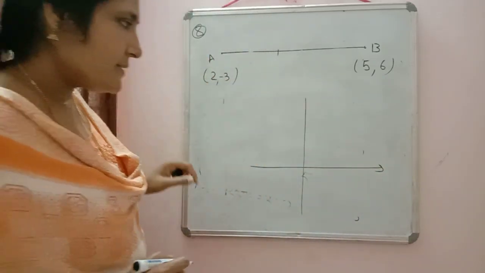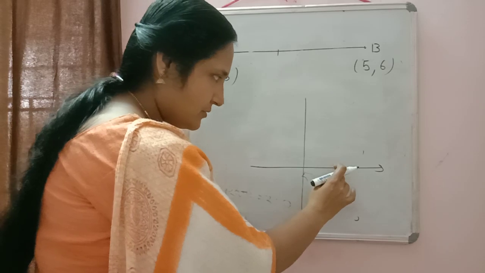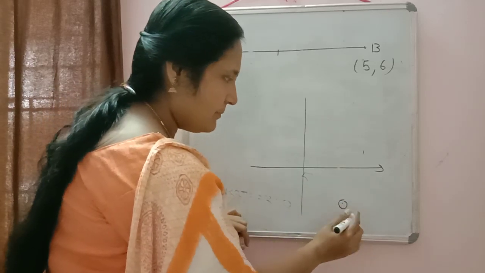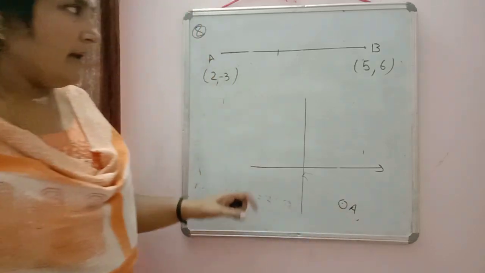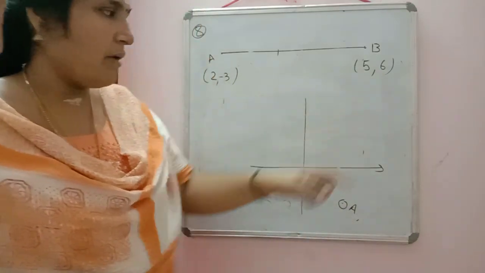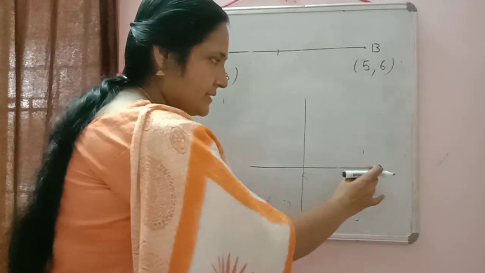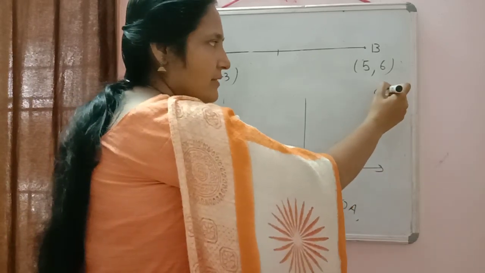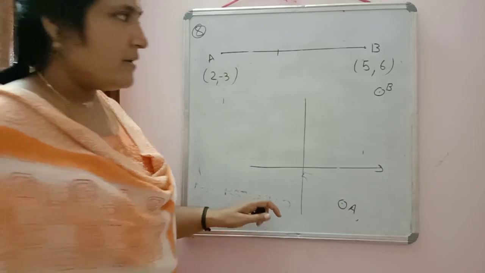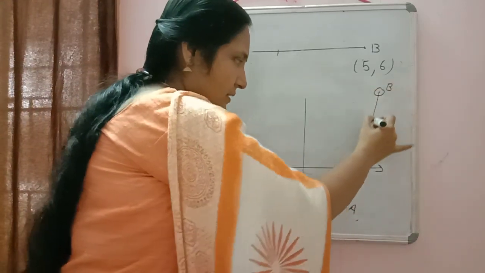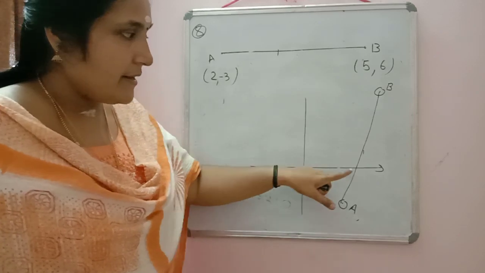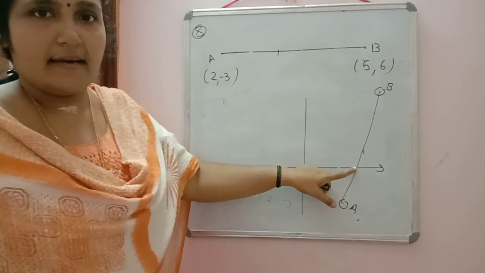2 comma minus 3. x is equal to 2 and y is equal to minus 3. Somewhat the point will be here, A. And this one written is 5 comma 6. x is equal to 5 and y is equal to 6. So somewhere the point will come here. So if I join this point, this line is divided by the x-axis here, correct?